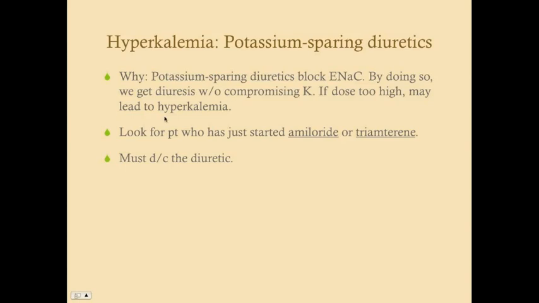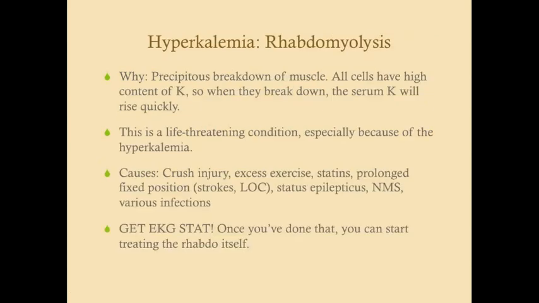The most serious cause of hyperkalemia is rhabdomyolysis. So what this is, is a precipitous breakdown of the muscle. And like any cell, muscle cells have a high content of potassium. So when they break down, the serum potassium is going to rise really fast. This is a life-threatening condition, and mostly it's directly due to the hyperkalemia.